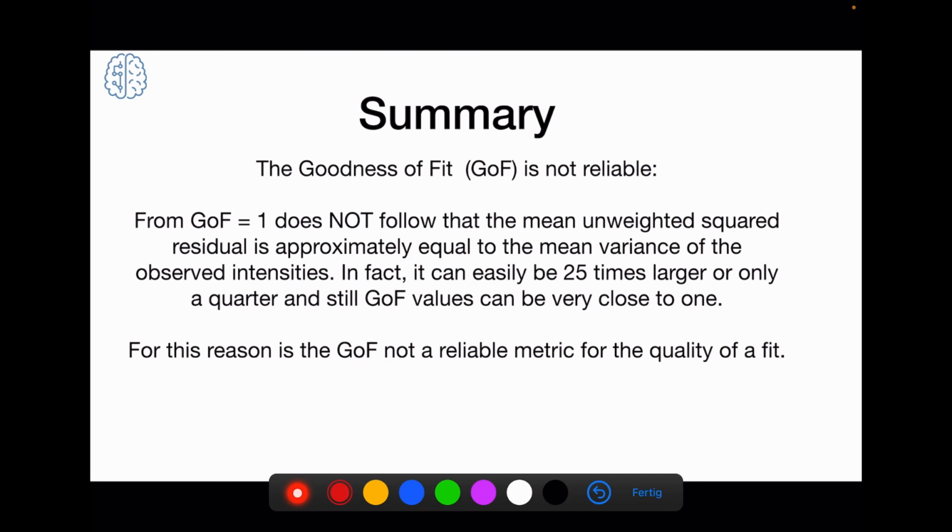The mean squared unweighted residual can be as large as 25 times larger than the mean squared standard deviation of the observed intensities, and the goodness of fit is still close to 1. So it's not reliable in the sense that you can draw any conclusions from that about the content of systematic errors. It's therefore not a reliable metric for the quality of a fit.